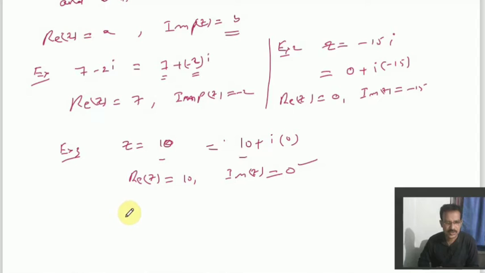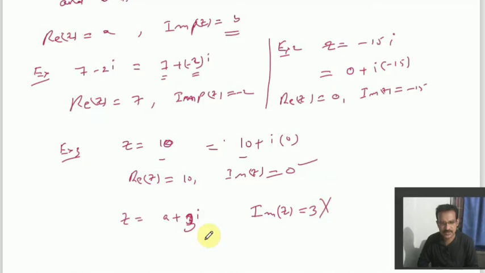Suppose in another example, a number is in the form z is equal to a plus 3i. What is the imaginary part? Here you cannot write imaginary part of z is equal to 3. It looks like the imaginary part is 3, but actually it is not a right statement, because we don't know what a is. a can be any other complex number in the form of a plus ib.